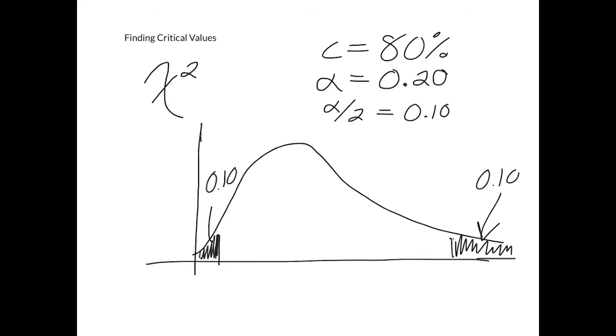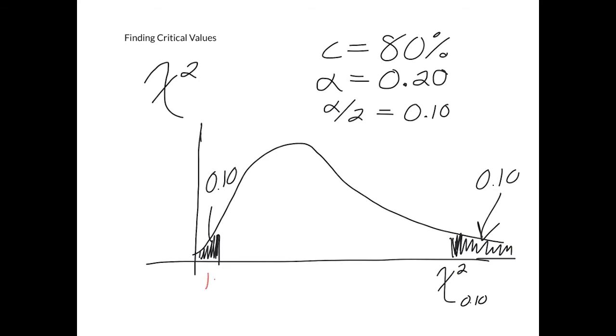Well, this guy notation-wise is easy because we call that chi-squared sub 0.10, or chi-squared sub alpha over 2. Now this guy, the one on the left, if you were to actually try to write the notation for it, is a little trickier because you actually have 0.1 in the left tail.